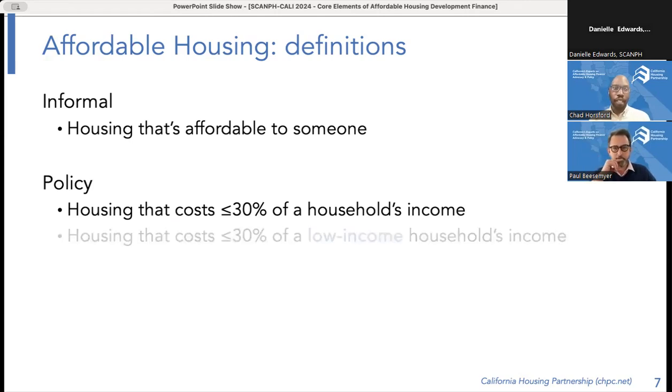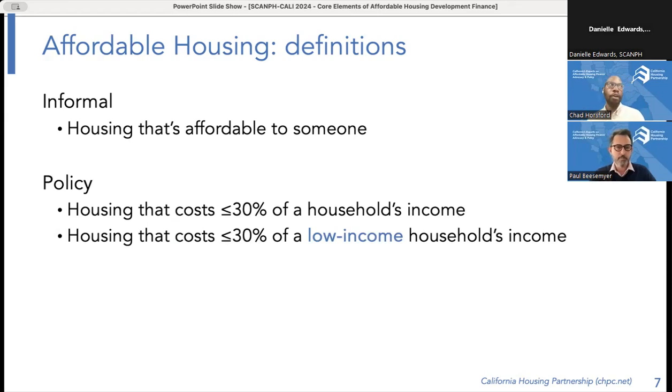Within housing policy and affordable housing policy, it's important to think about who we're talking about. So starting from housing that costs no more than 30% of a household's income, we really come in with a lens of focusing on low-income households. So we expand that definition to mean housing that costs no more than 30% of a low-income household's income, bringing in the who as well as the what.